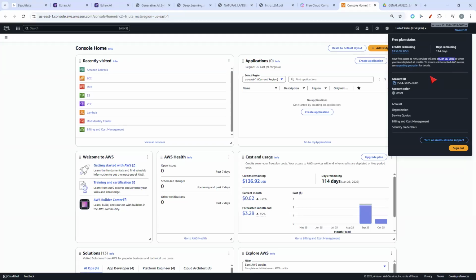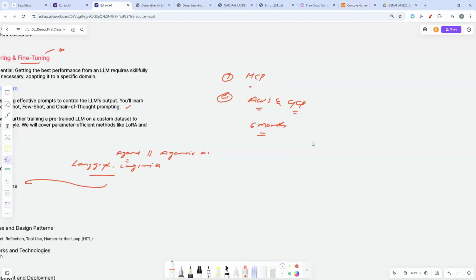Once it gets over, you just have to open a new account with some other credit card. So what I'm trying to say is that for 6 months it will be free. Even if you forget after 6 months, the amount will not be deducted from your credit card. The services will just be stopped, that's it.